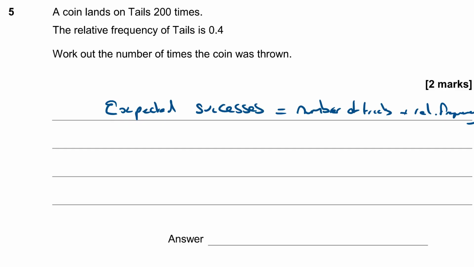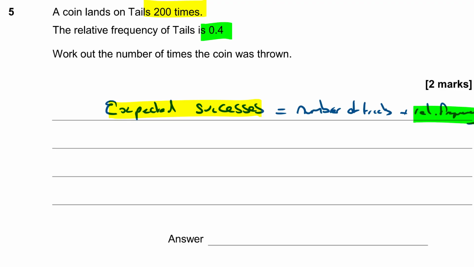Now here we know the expected number of successes is 200, and we know the relative frequency is 0.4. What we don't know is the number of trials. So we can rearrange this to find it, can't we?